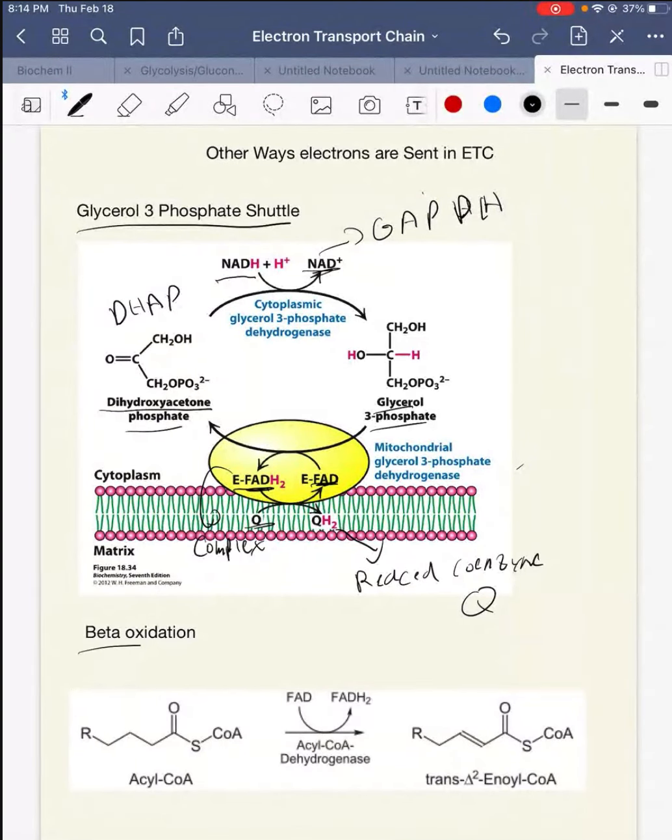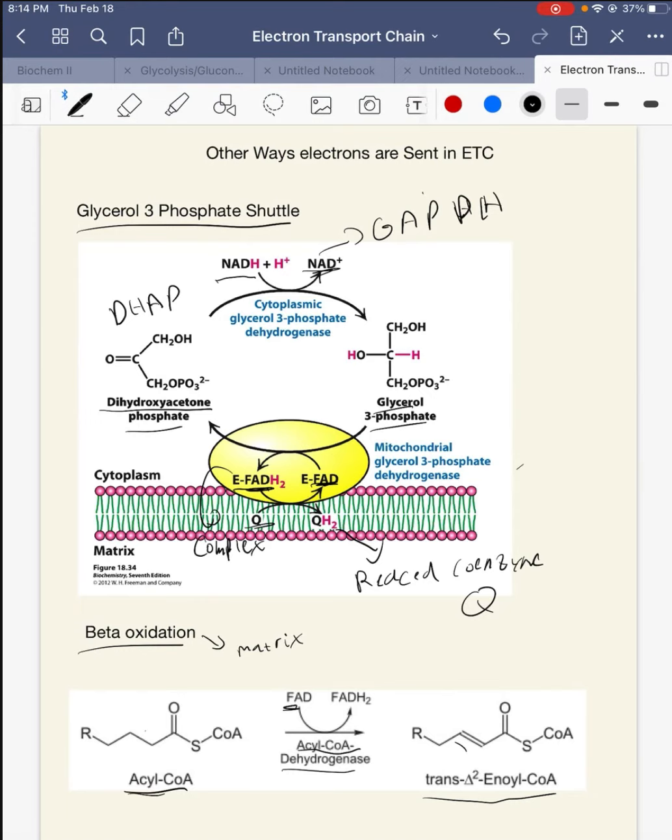Another way it can be used is in beta oxidation. Beta oxidation, for now, just happens in the matrix. There's this reaction done by acyl-CoA dehydrogenase, where we take acyl-CoA and make this enoyl-CoA, where we have this double bond over here. When we reduce a single bond to this double bond, it gets oxidized.